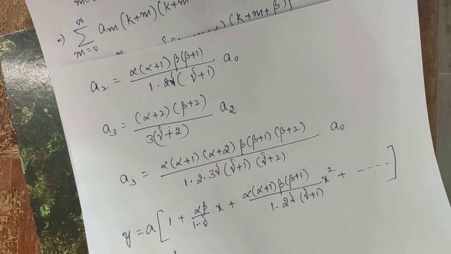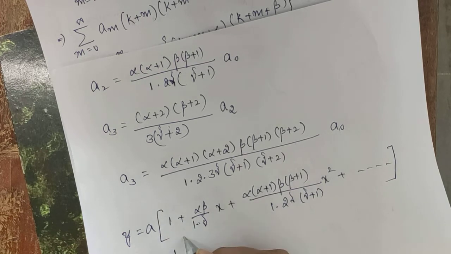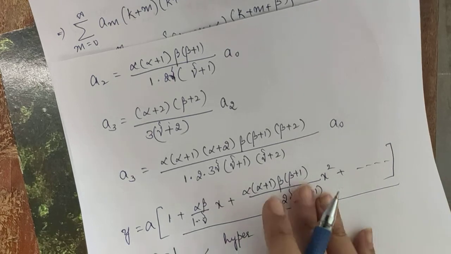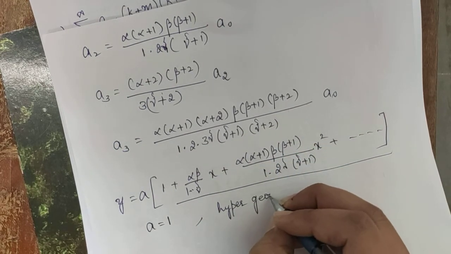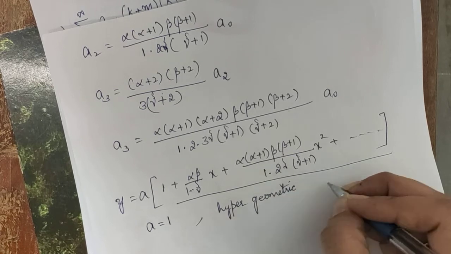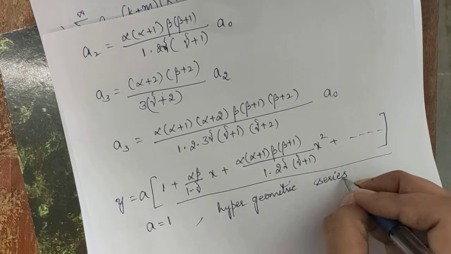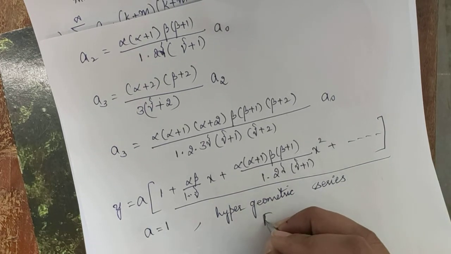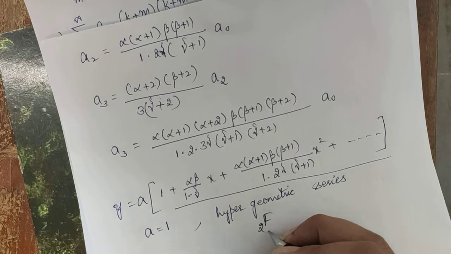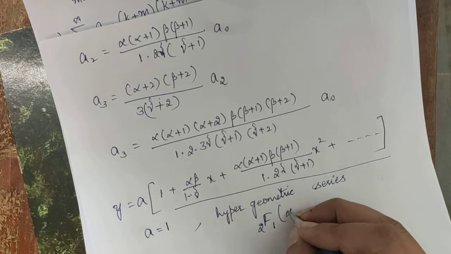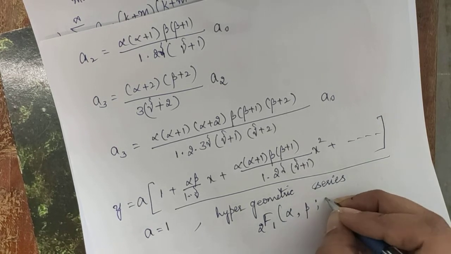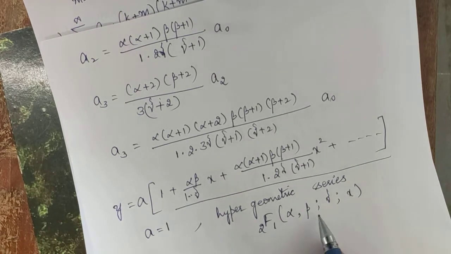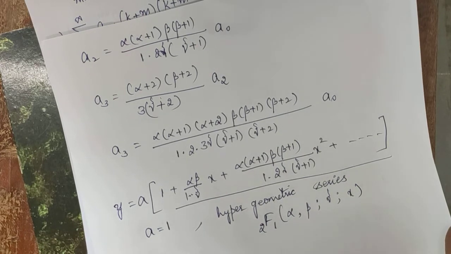Okay, this is nothing but hypergeometric series, and we represent this as F(2,1) of alpha beta gamma x. This is how we will represent the hypergeometric series.